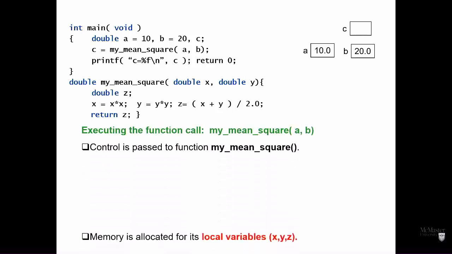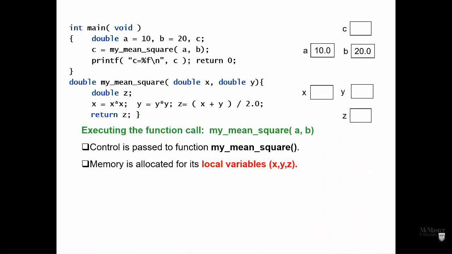Then once I call the function, x and y, we call them local variables. They get defined, they get constructed in memory once you enter your mean square function, right? Before this, they didn't actually exist in the memory. And we will see what we mean by local variables later. So I define x and y locations and then z, because this is my return value.